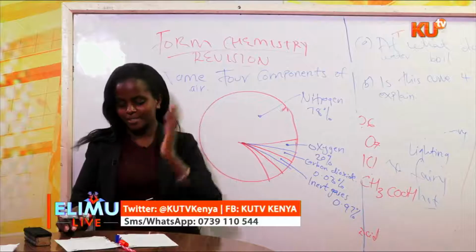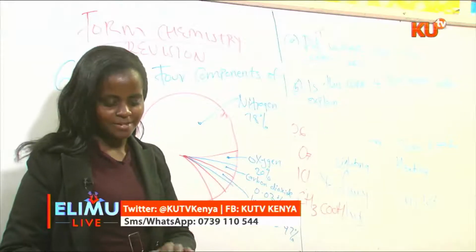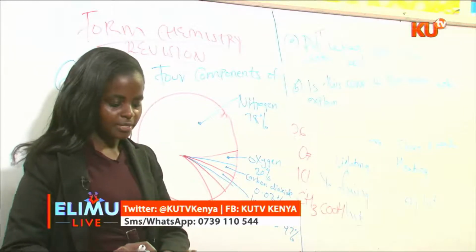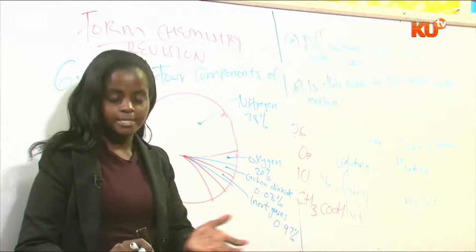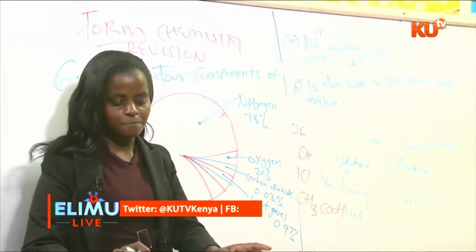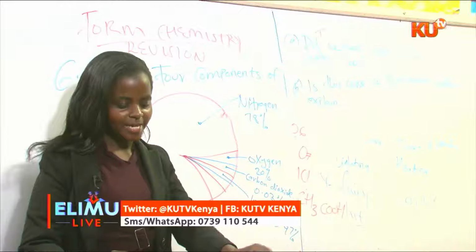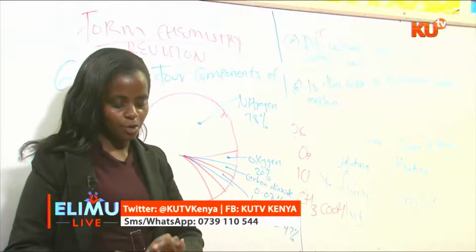Apologize for the technical hitch. We are back. I was giving the components for the question in our Form 1 chemistry revision, and the question was name 4 components of air.